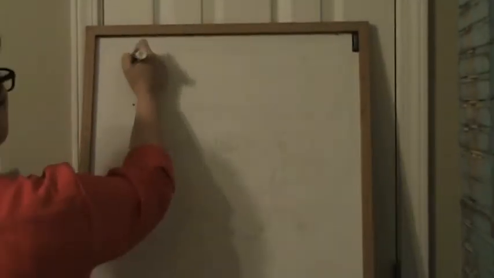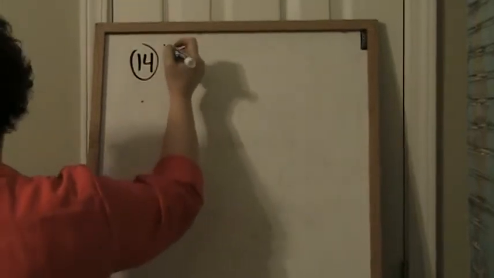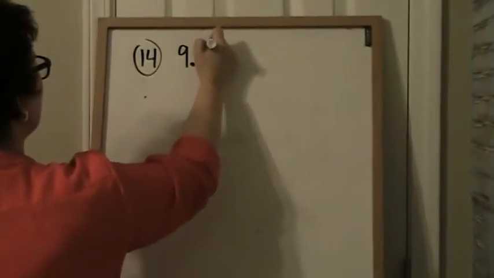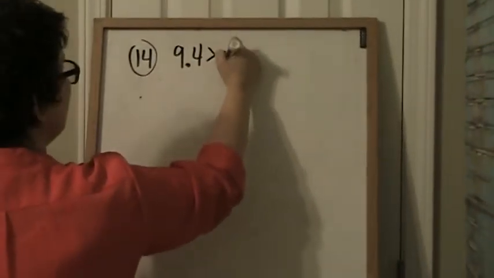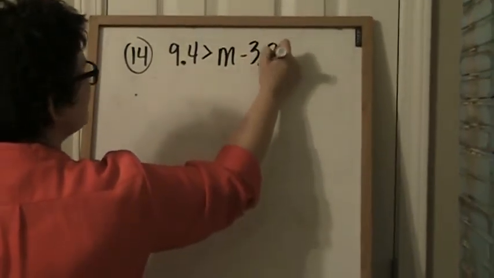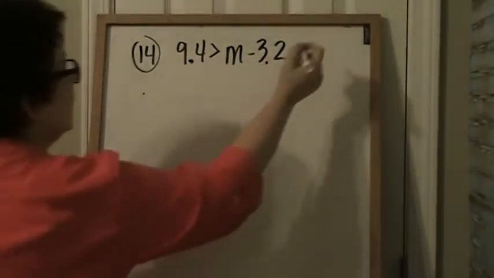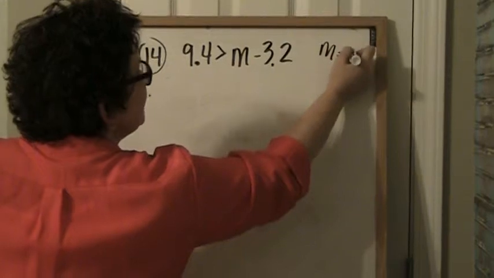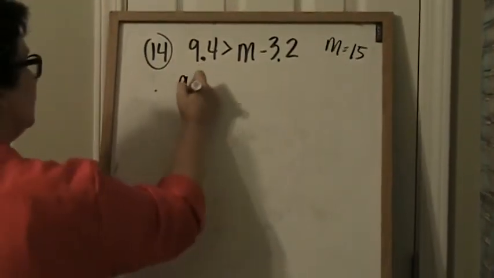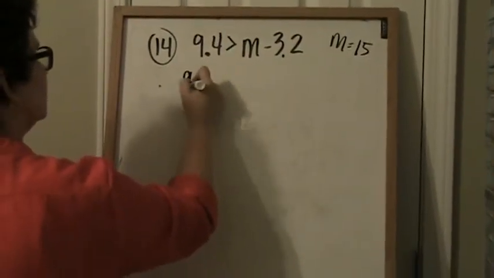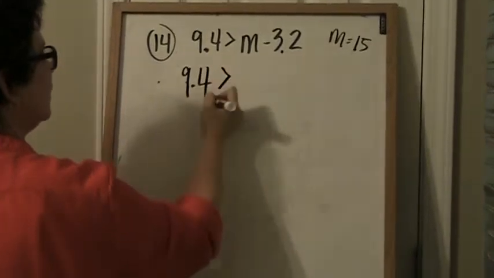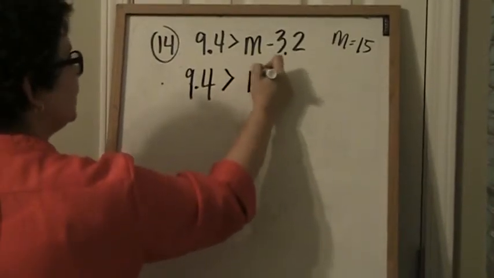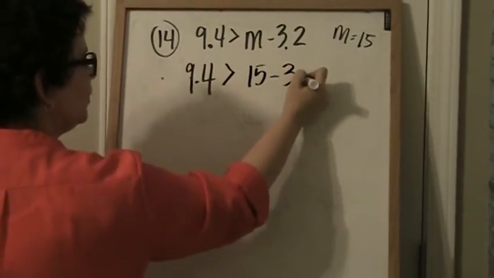Okay? All right. Moving on. Next one is number 14. All right. We have another inequality. 9.4 is greater than m minus 3.2 if m is 15. 9.4 is greater than 15 minus 3.2.